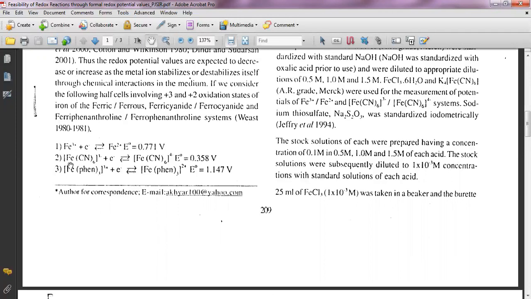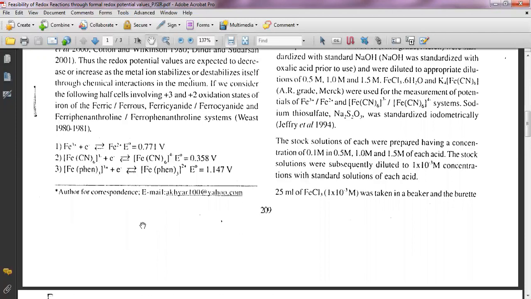This is the iron bonded with the cyanide. This is the iron bonded with the phenanthroline, and these are the two ligands. So the iron having the same plus 3 state accepts 1 electron and is converted into the iron plus 2 state. The oxidized form is the same and the reduced form is the same.